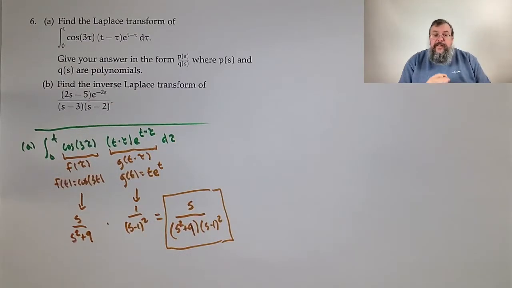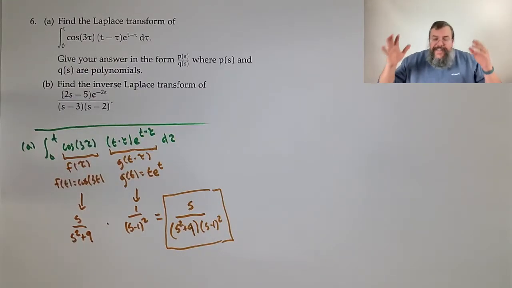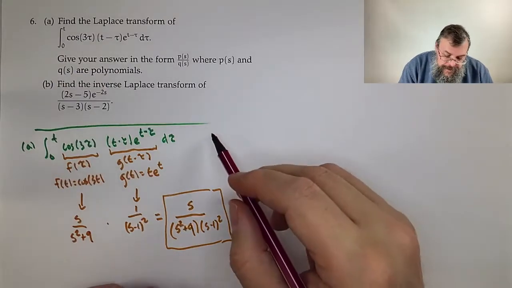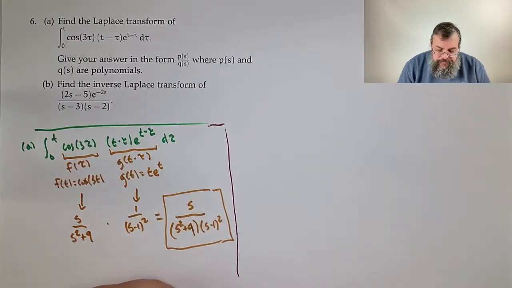And that's it for part A. Aha! Not so bad, if you know what you're looking for. If you don't, you're like, well, this is going to take a while. It's not that it's impossible, but lots of paper would be involved.